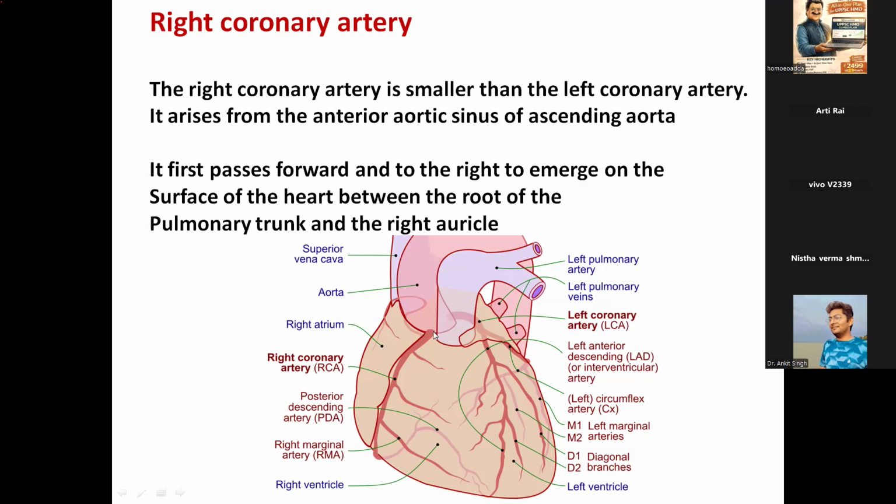So you can see यहाँ से emerge होती है हमारी right coronary artery. ठीक है. तो बिटवीन पल्मोनरी ट्रंक एंड राइट ऑरिकल यहाँ से आ रही है राइट कोरोनरी आर्टरी. सो दिस इज द राइट कोरोनरी आर्टरी emerging as a branch of the ascending aorta.